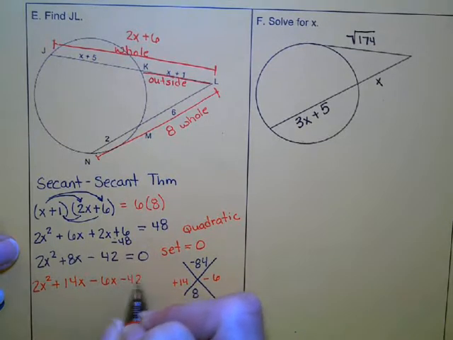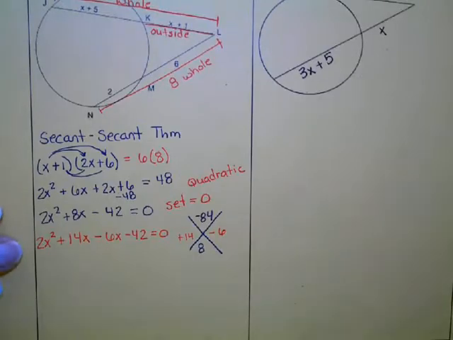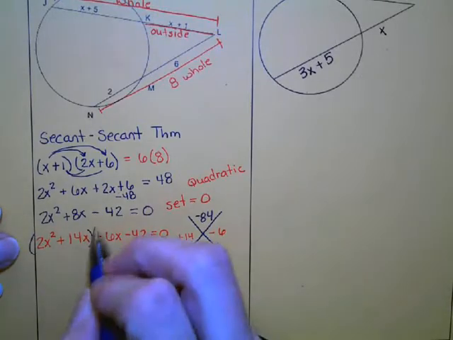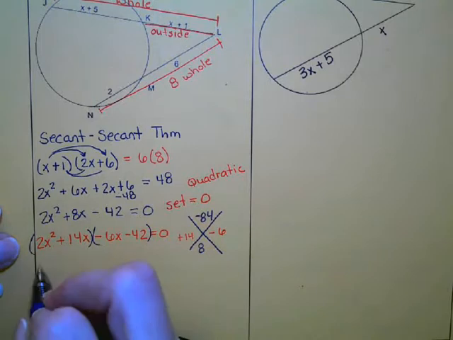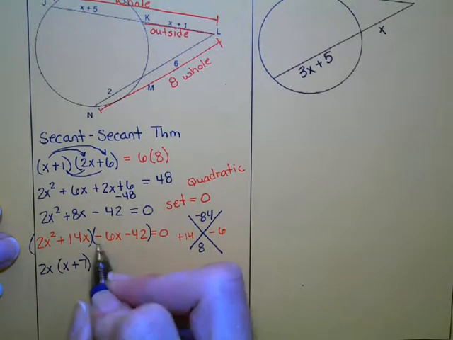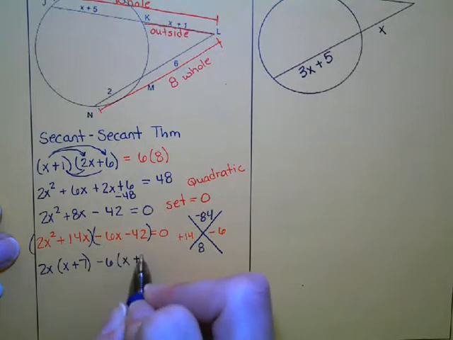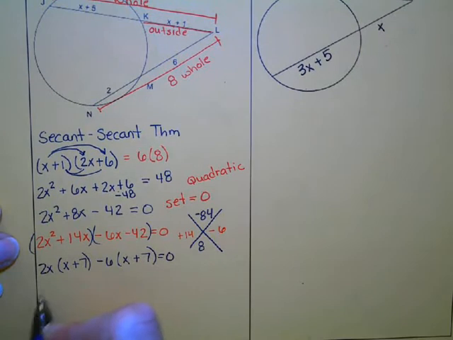I'll take out what they have in common. It's called the GCF. This one both have a 2x. This one you can take out a negative 6. So one parenthesis is 2x minus 6, and the other one is x plus 7.